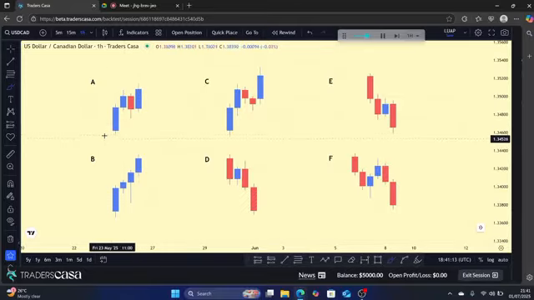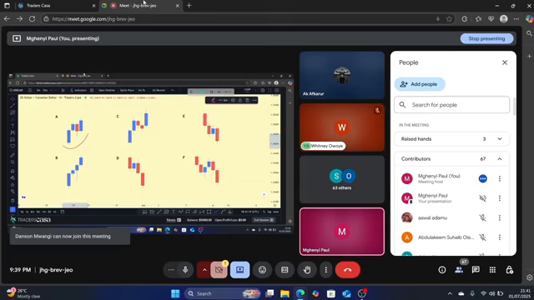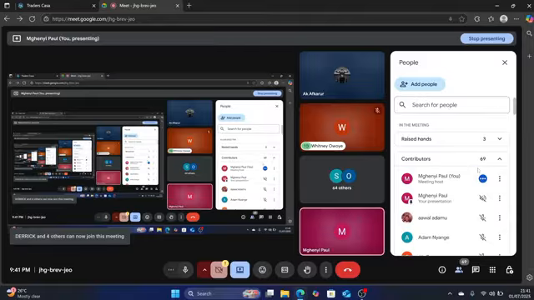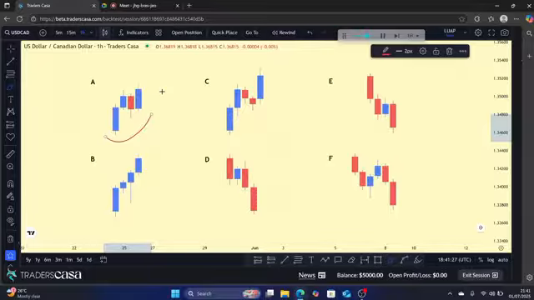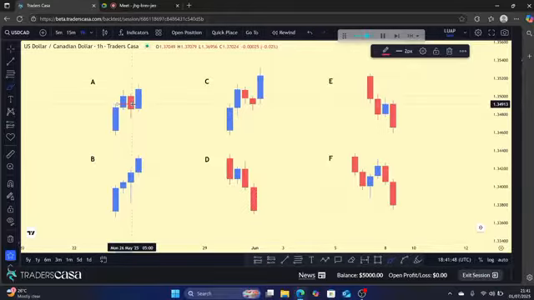All right, so in a bullish scenario, starting with scenario A, like I said, in a candlestick based uptrend we break the highest point reached by that candle while protecting the low.